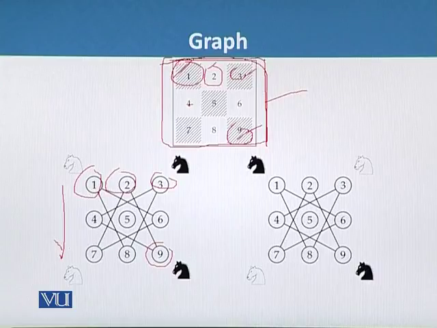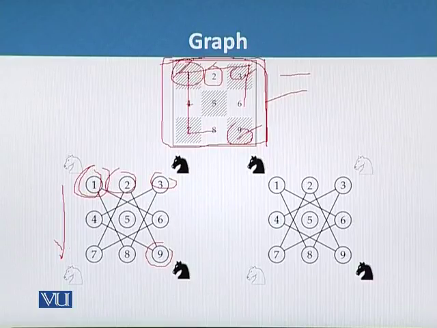So these lines show that if the horse is at one position, it can move. If we see this checkerboard, it can move to number 6. It can also move to number 8. So we can see here that this one is connected with number 6, and it is also connected with number 8, and so on.